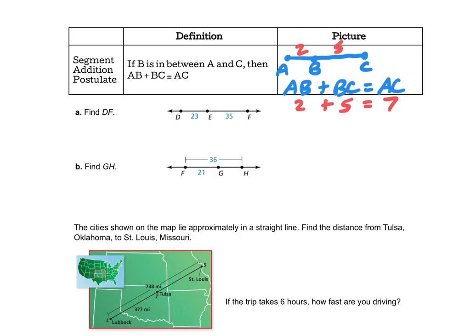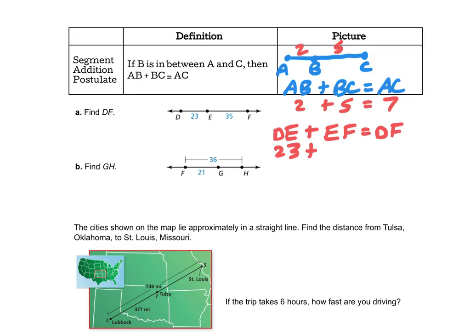So this one down here, find DF. The way that I would write this out is DE plus EF, because those are the 2 smaller pieces, equals DF. DE is 23.